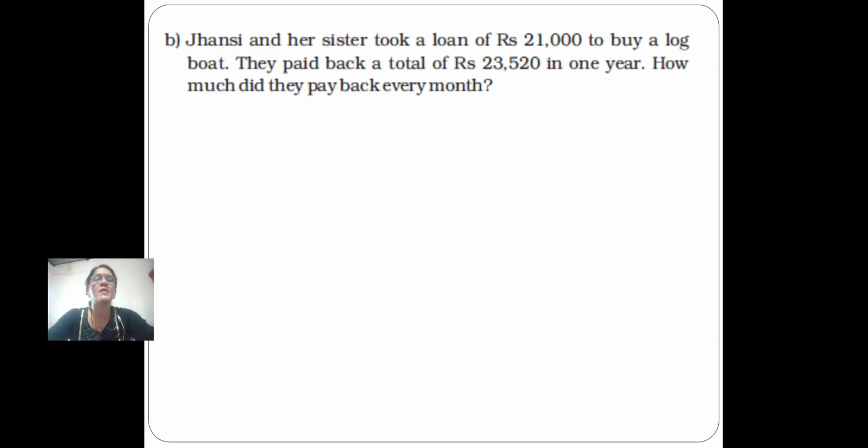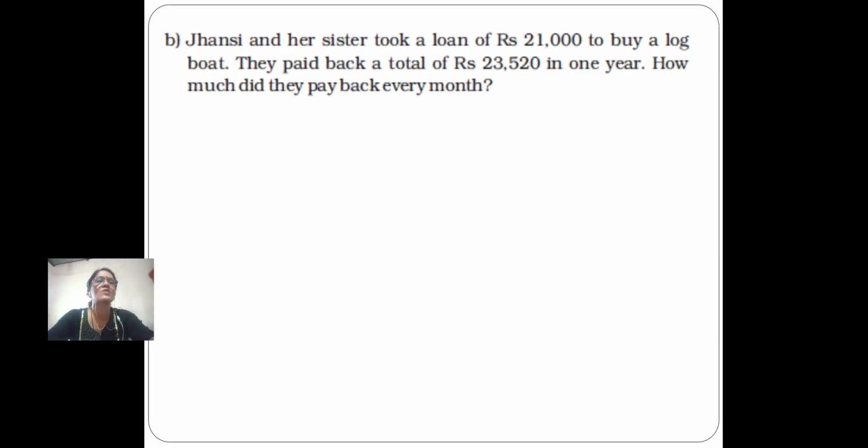In the previous sum, they had told us how much Gracie paid every month. Now here we have to find out how much these two sisters are paying back every month to the bank. Yes, they have taken a loan of 21,000 and paid back 23,520. That extra amount which they have paid is called interest, right?